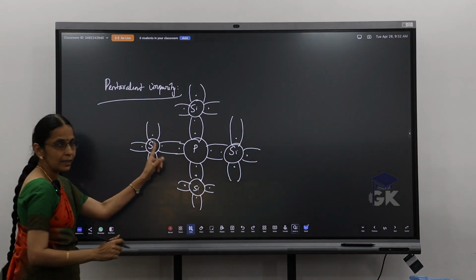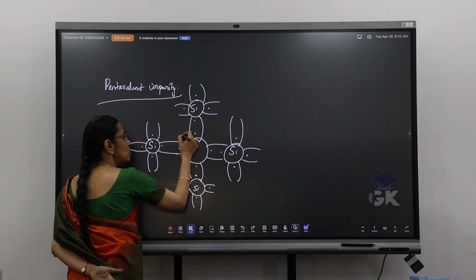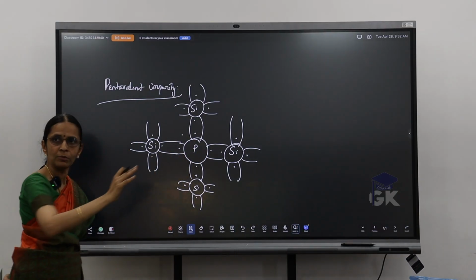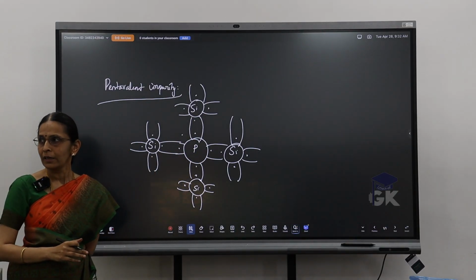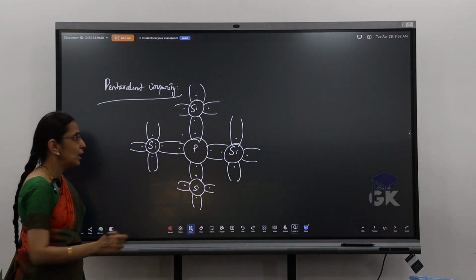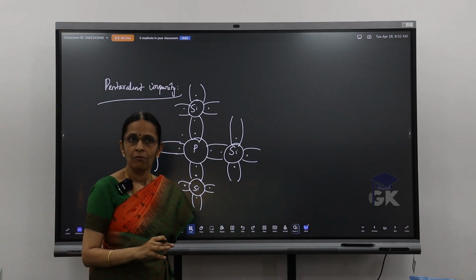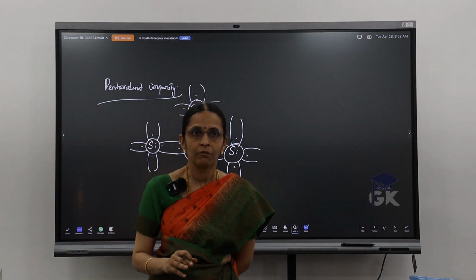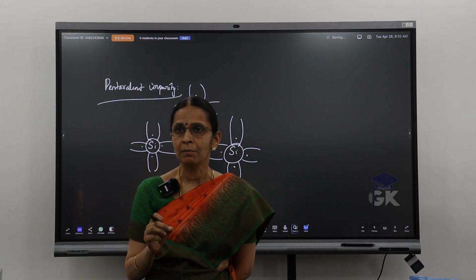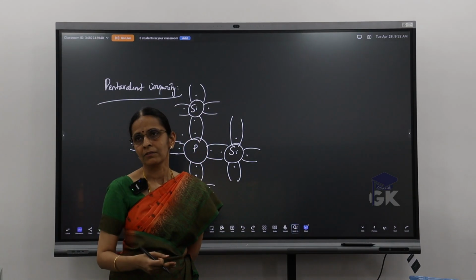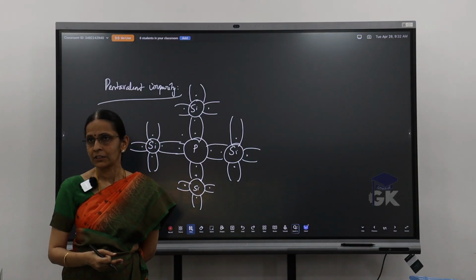So 5 electrons are there. Out of 5, 4 form the covalent bond with the nearby silicon atom. Now 1 electron out of this phosphorus is free. That 1 electron is nothing but the conduction electron that will help us in our conduction.